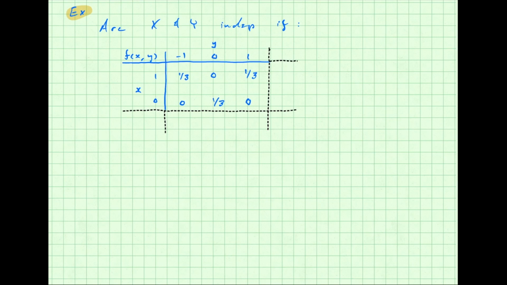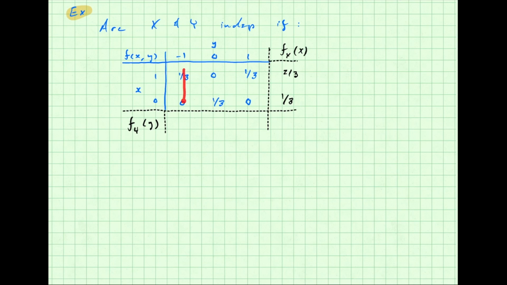If you sum over all of the y values, what you're left with is the marginal distribution for x, and so this is 2/3 and 1/3. And if you sum down across the x values, what you're left with is the marginal distribution for y.